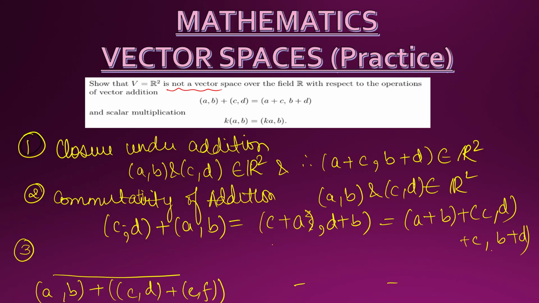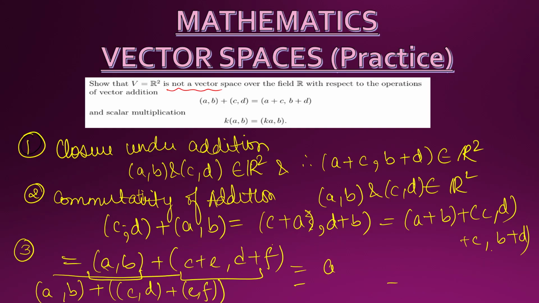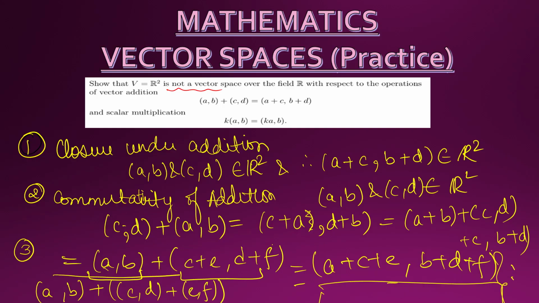So yes, here we get A comma B plus C plus E comma D plus F. And when we take this as 1 and this as 2, we get A plus C plus E comma B plus D plus F. It is the same in both cases, the answer that we had proved earlier. So therefore satisfied. So now let's go on.